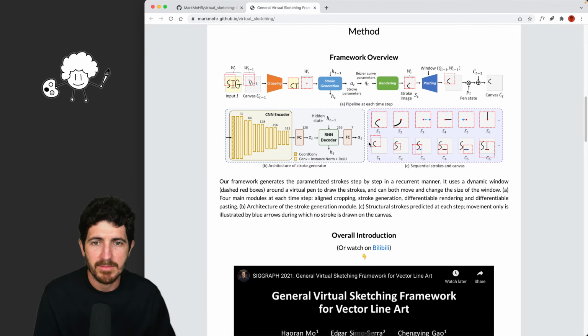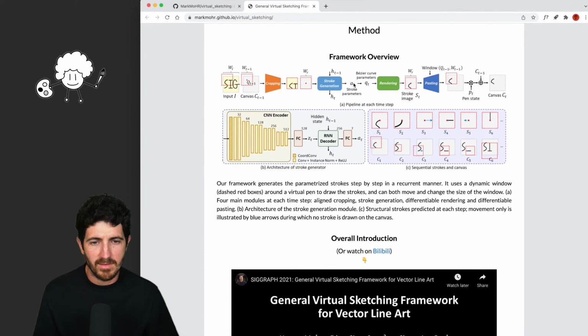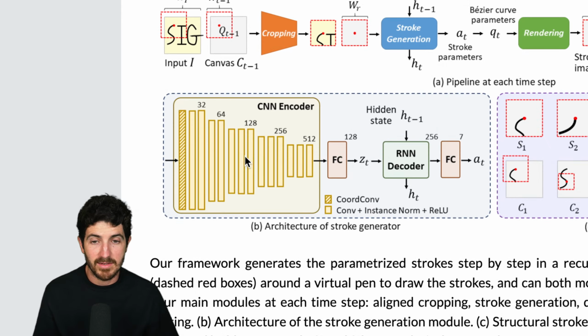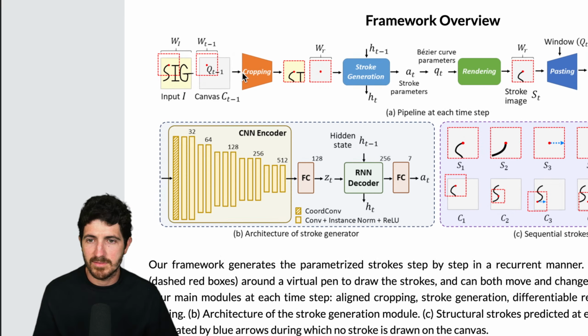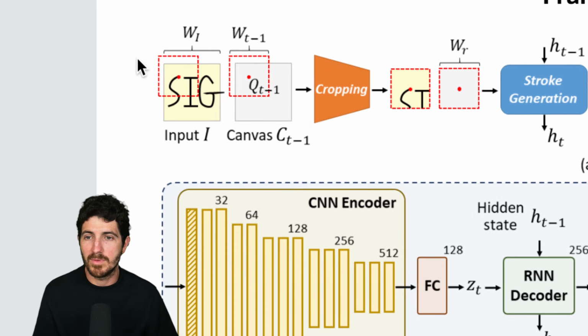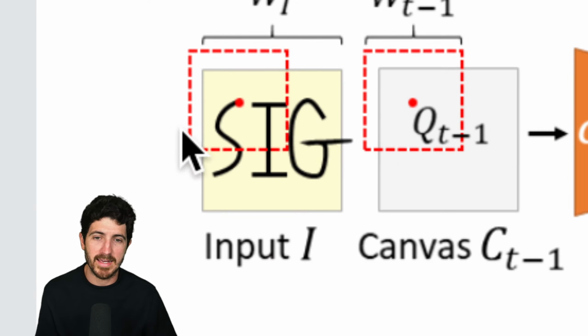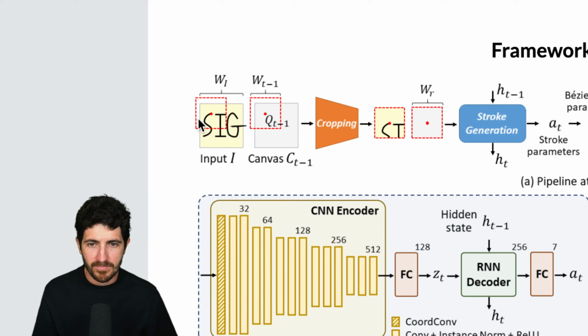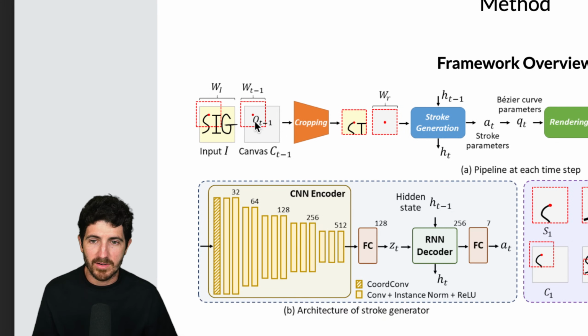Pipeline at each time step. Right, so you can see this thing here. So we get an input. This sig here would be our line drawing, and we have our canvas at a given time.